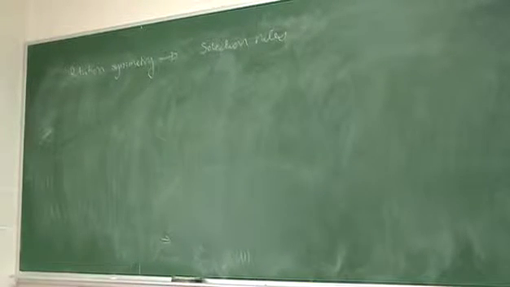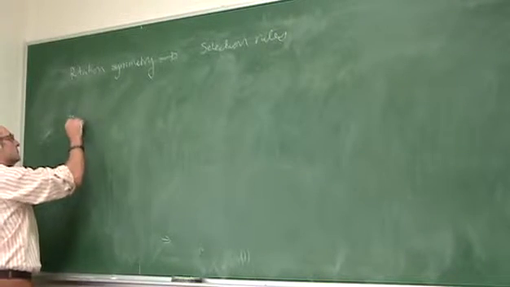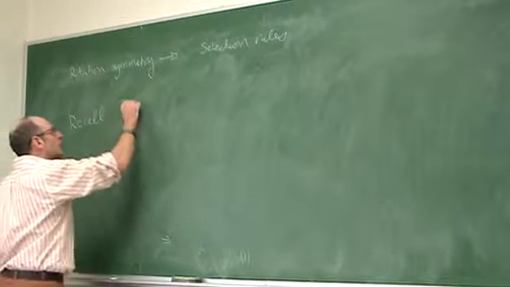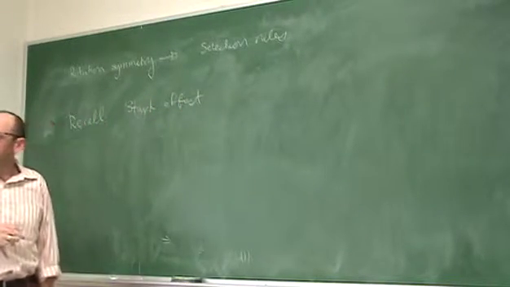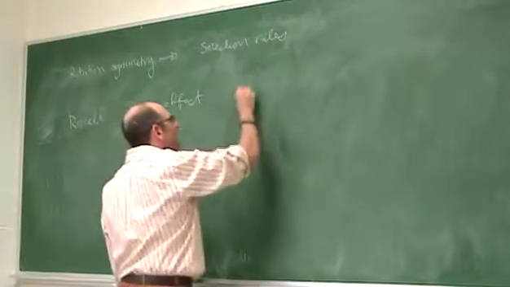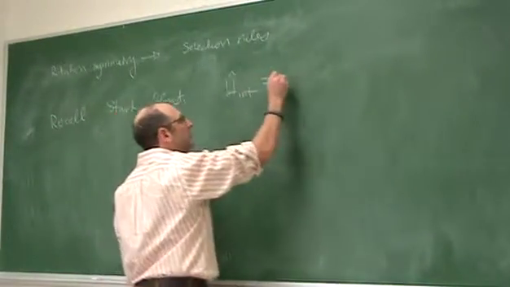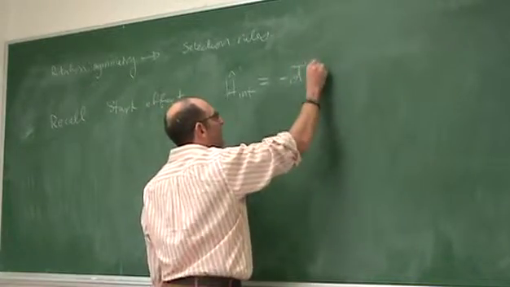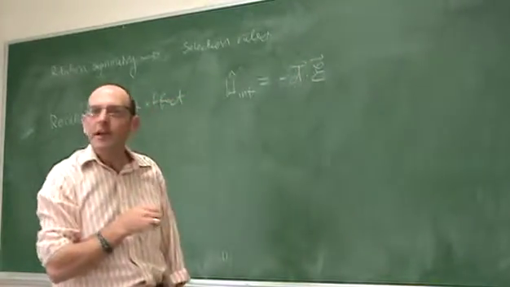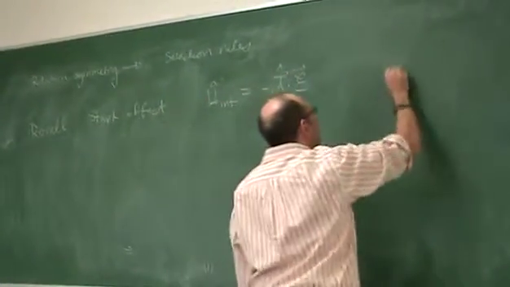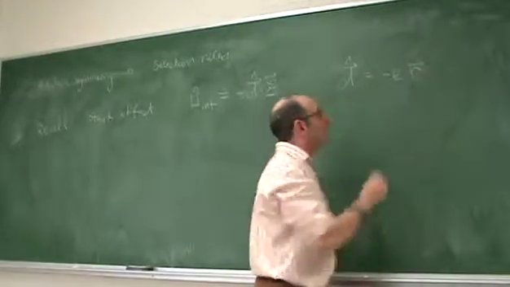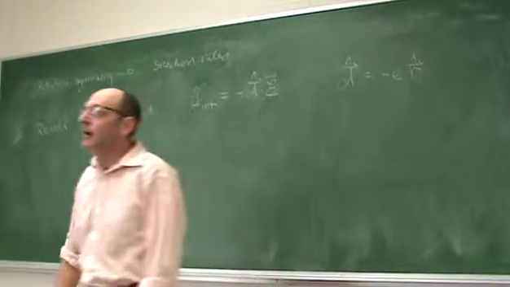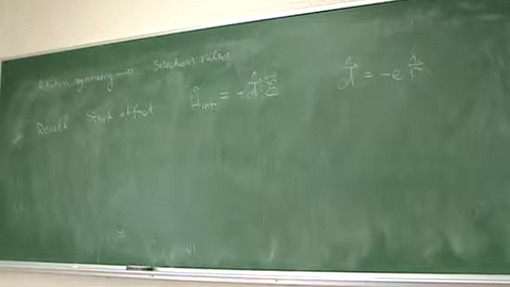Well, let's recall for a moment. When we were looking at the Stark effect, back at the very beginning of the semester, we had an interaction Hamiltonian that we said was minus d dot the electric field. Remember that? And we said this was the dipole operator, which was the charge of the electron times the relative coordinate position of the electron relative to the nucleus. Okay?